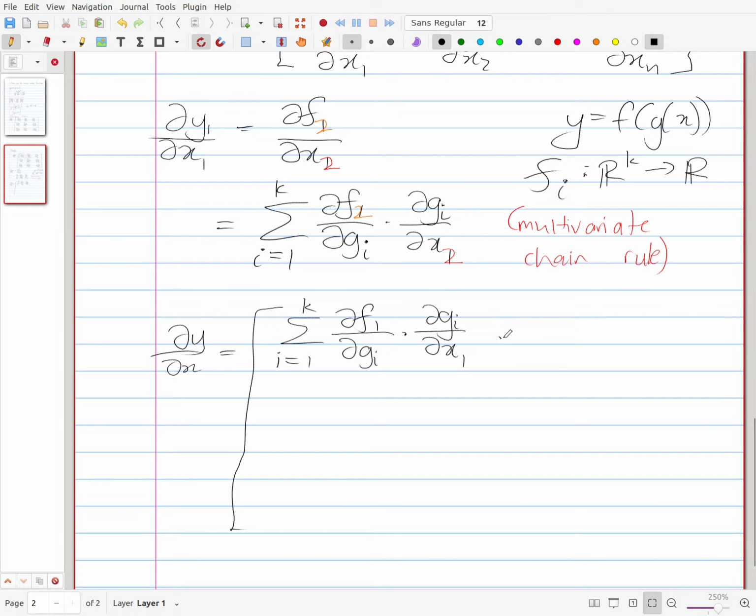So what this means is that if we write out what that looks like, it's going to look something like this. So for the last column in the first row, we'll have this.